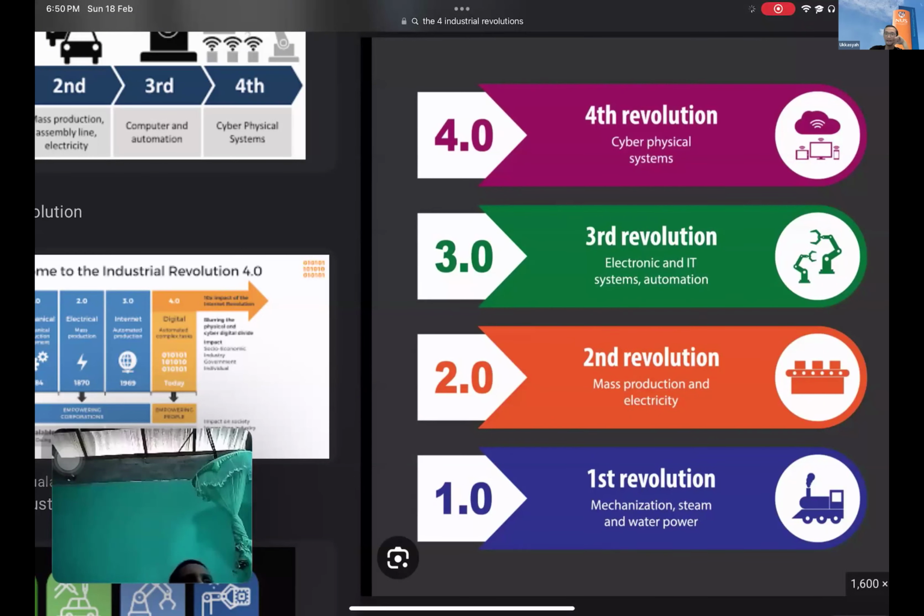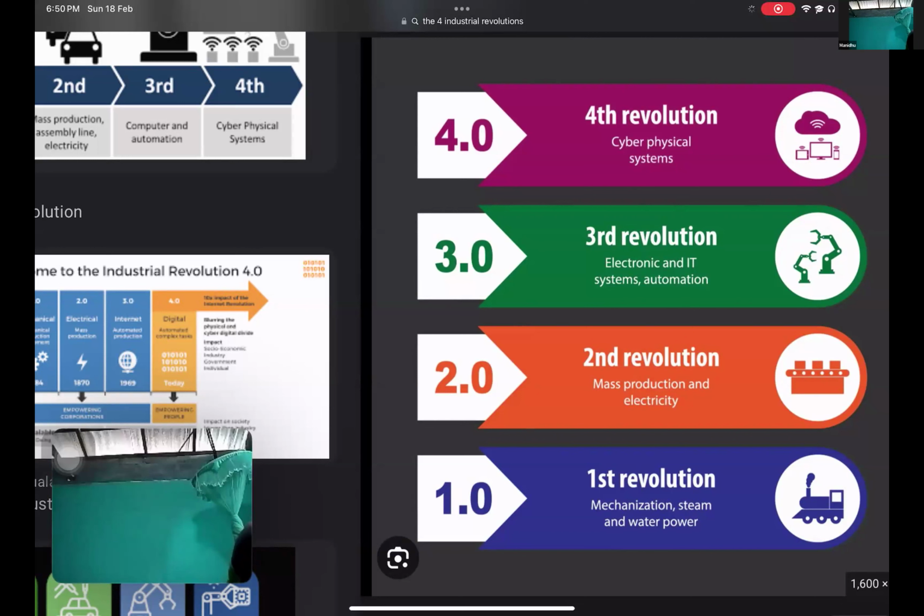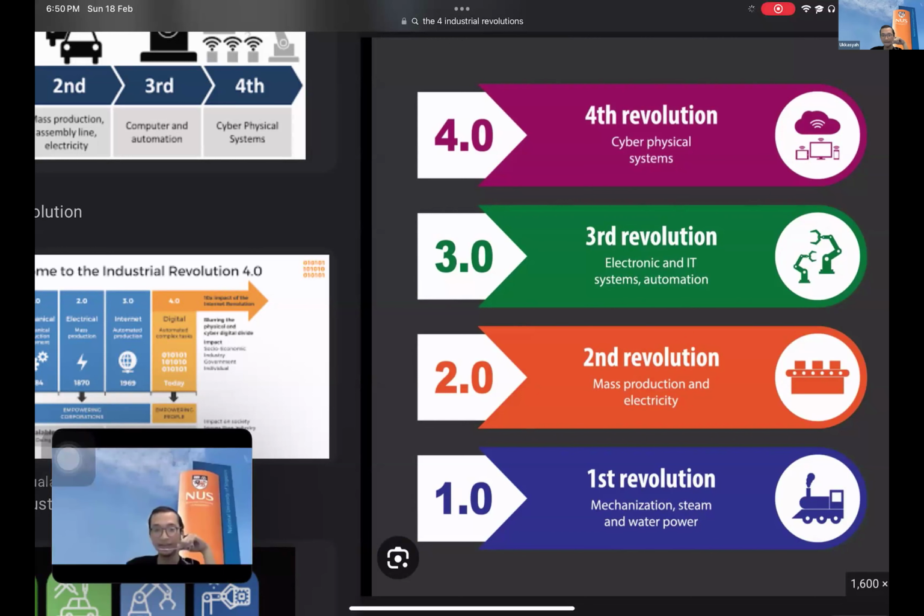Yes. So the next one is the third revolution, which is also quite recent, I believe it was in the year 2000s. It is the revolution of automation, of using IT, gadgets, internet, also something electronic, like devices like computers.